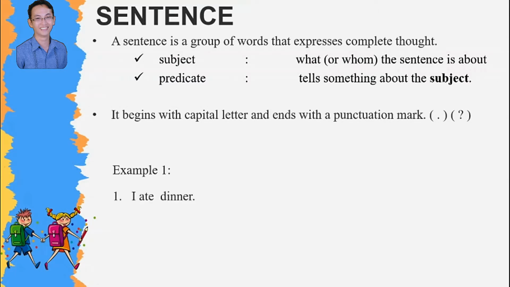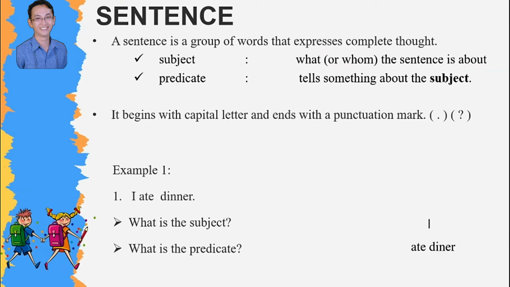Example 1. I have here a group of words. Let's scrutinize our example 1 if it is a sentence by answering 3 questions. Let me read. I ate dinner. First question. What is the subject? I. Second, what is the predicate?